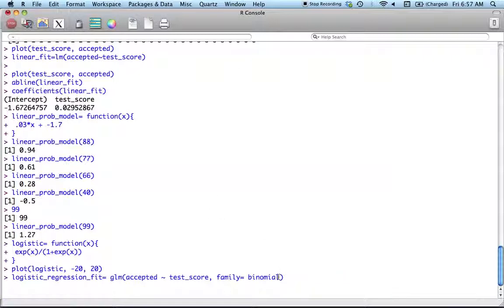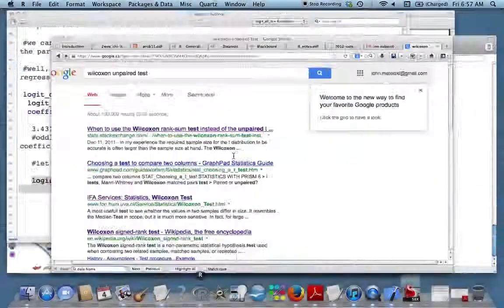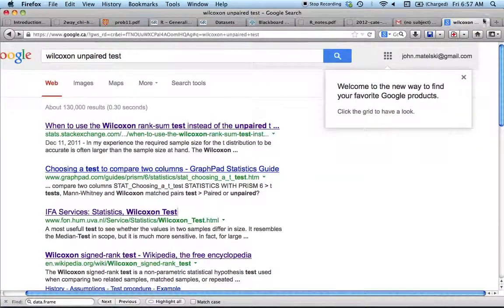Now it is going to know to use the logit link function. It understands that that's what it's being asked to do, I think. In fact, a great thing to do would be to check that. Let us check this assumption.